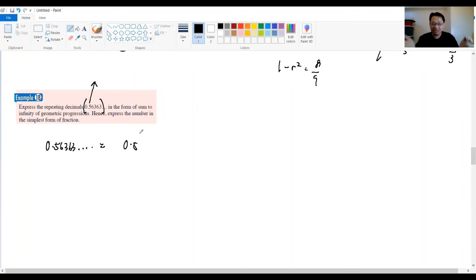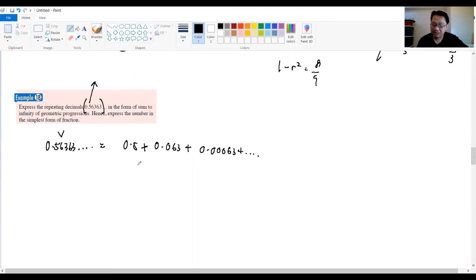So we split it from the decimal, and then we plus 0.063, followed by 0.00063, plus and so on. Now if I combine these again, it will form 0.5, then 0.563, then 0.5636, and so on.